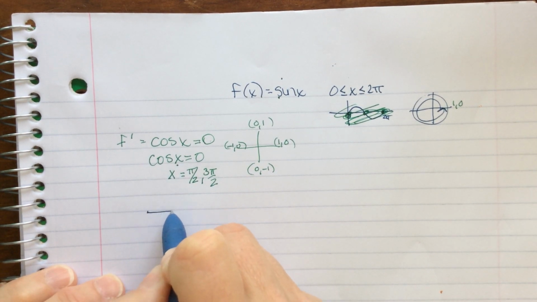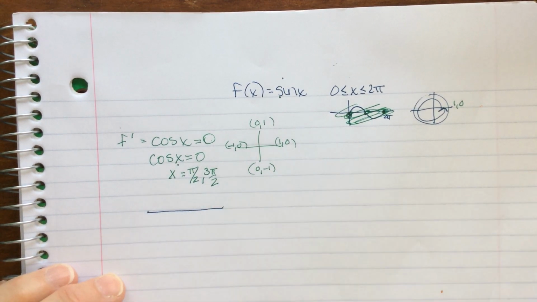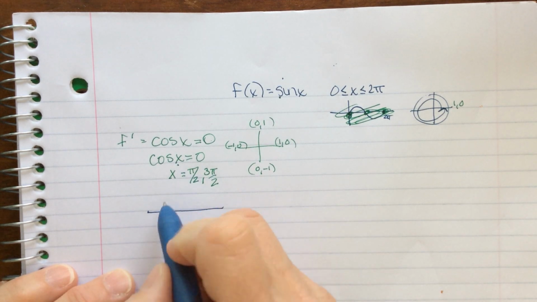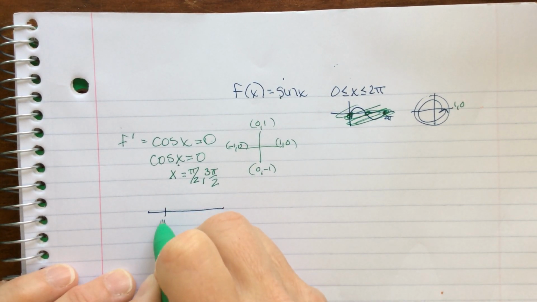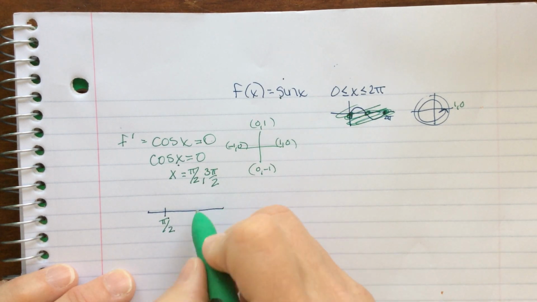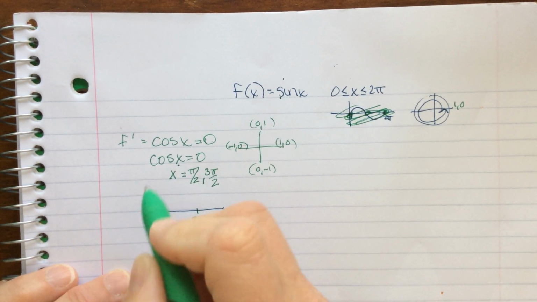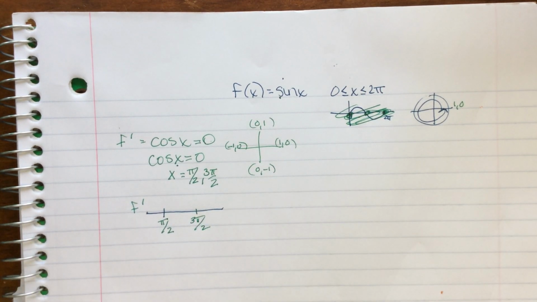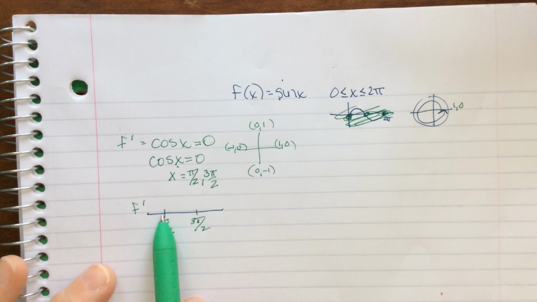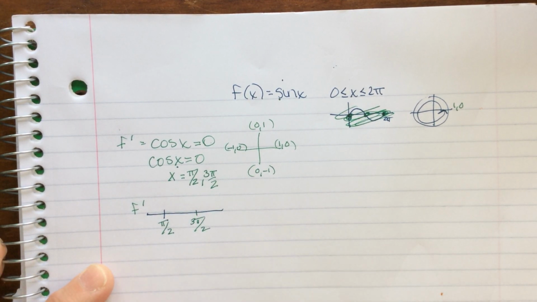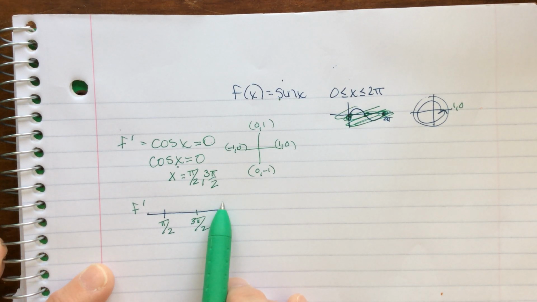So if you recall, what did we do with our critical values? We took those critical values and we created a little sign chart, and 3 pi over 2. Now let's talk about this. What I want to find is information about the derivative. I want to know where is the derivative positive and where is the derivative negative. And I know that that's going to be on these three intervals.